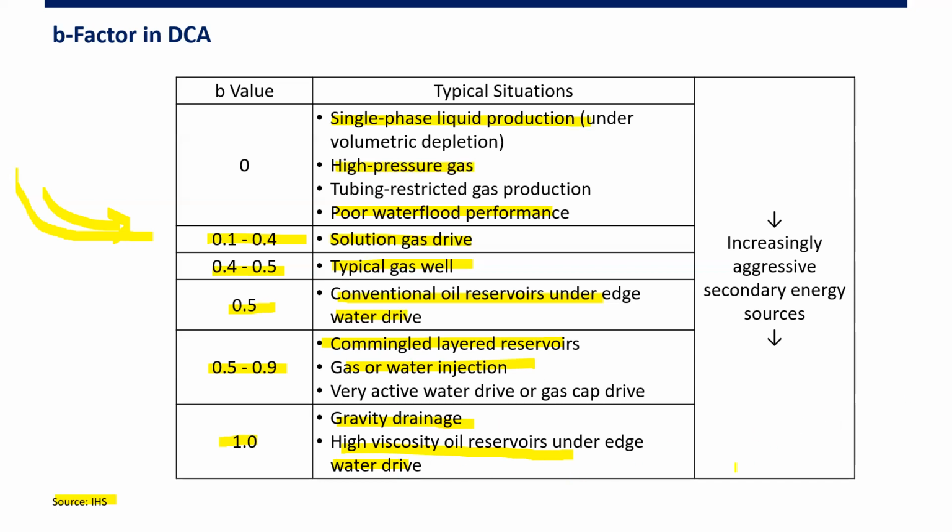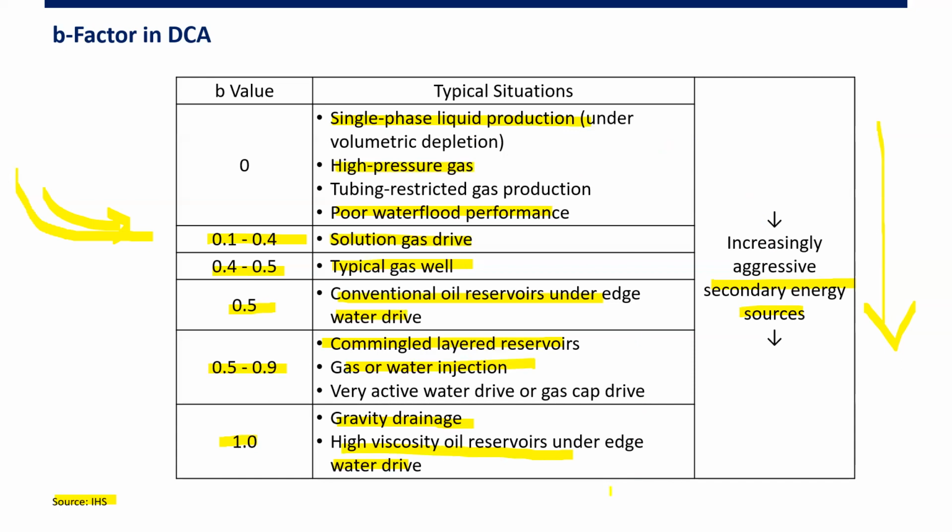And please also note that from top to bottom, we have increasingly aggressive secondary energy sources, from only fluid expansion for B equals 0 to strong water drive and good performance of water flood, water injection, gas injection, strong gas cap drive.